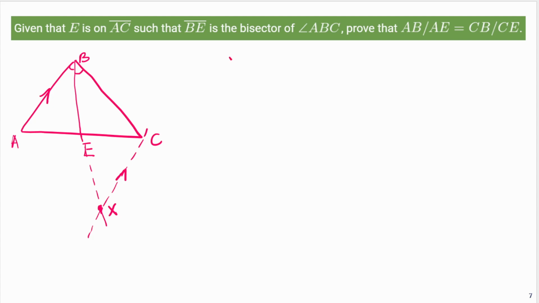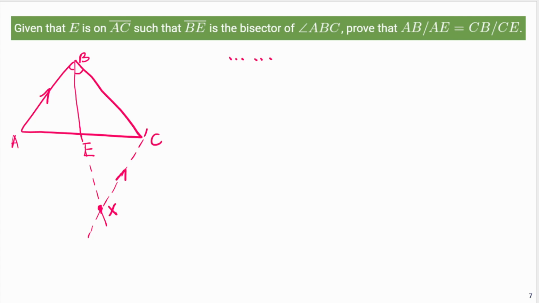Again, I'm not going to write all the descriptions here. Make sure you write all the descriptions. Tell your reader how you draw the auxiliary lines. We pick this parallel line to draw because it lets us use the angles that are formed by the angle bisector.